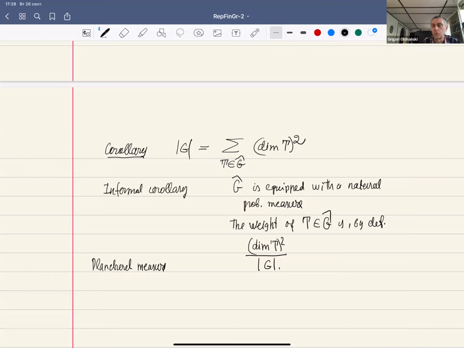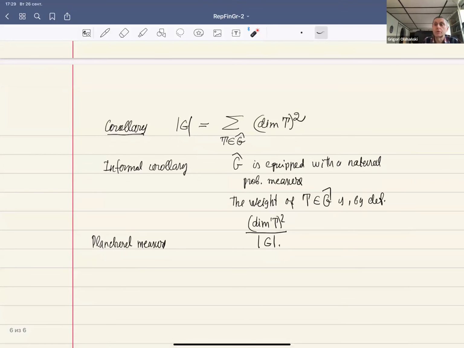So for any finite group, we take the dual space, the set of irreducible representations, and it comes with a certain probability measure. For instance, I will explain later what happens for a symmetric group. On the dual space to the symmetric group, that means the set of labels of irreducible representations, which are the Young diagrams of a given size, this set is equipped with a very interesting measure, the Plancherel measure.